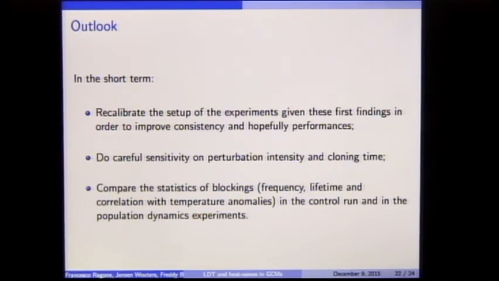To check that in the bias dynamics, to check that in the normal dynamics, and to see if indeed I'm increasing the frequency, if I'm increasing the lifetime, if I'm increasing the correlation with the temperature anomalies, and then using those formulas to see if indeed I'm able to give better estimates with a smaller variance of these statistics using the bias dynamics.